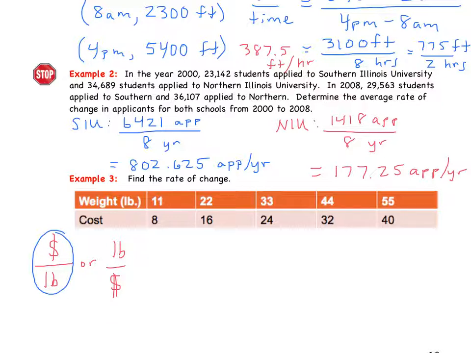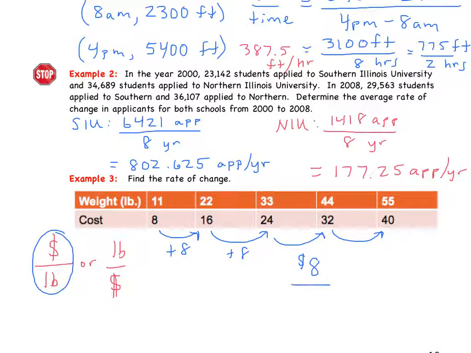So what we want to do is see what is the change in our cost each time. All right, so here we're adding 8. From 16 to 24, we're adding 8. 24 to 32, and 32 to 40, we're adding 8 all the time. So our average change in cost is $8.